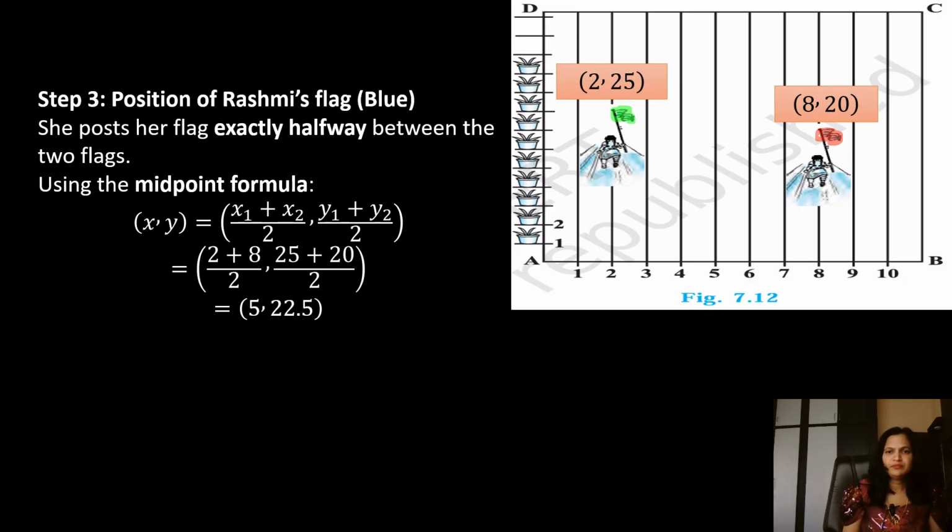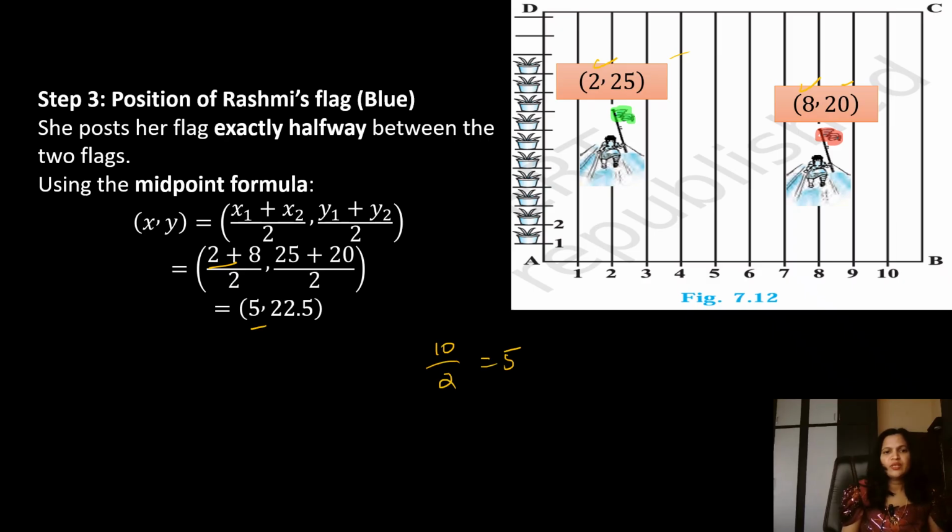So here, x1 is 8 plus 2, 8 plus 2 by 2, 20 plus 25 by 2. That is 8 plus 2 is 10, 10 by 2 is 5.